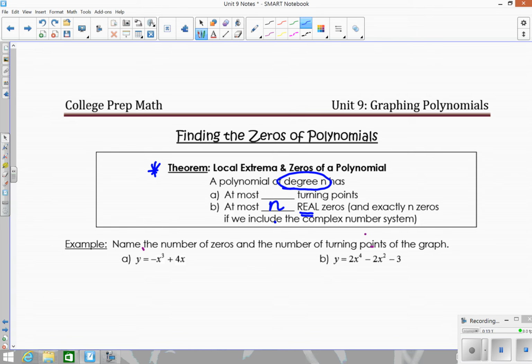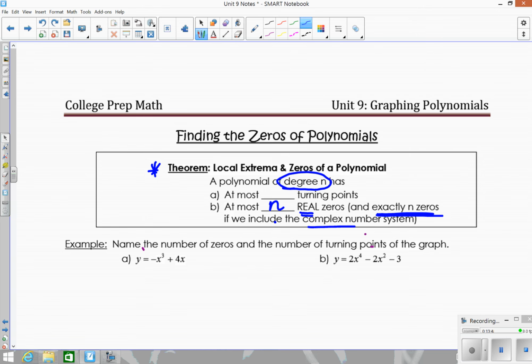Real zeros, but we always have exactly n zeros if we're talking about the complex number system. So if we had a degree 3 polynomial, what that really means is we would have at most 3 x-intercepts because it's at most 3 real zeros, but we would have exactly 3 solutions. So if you were to solve this, you would include complex numbers, so you would have exactly whatever the degree is.